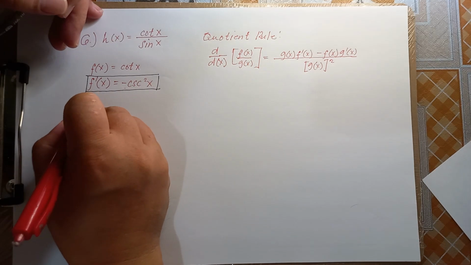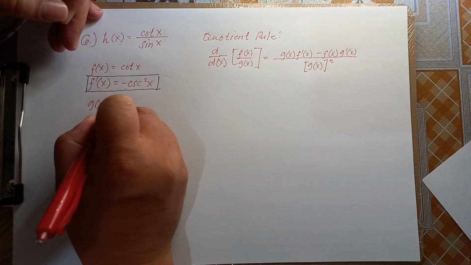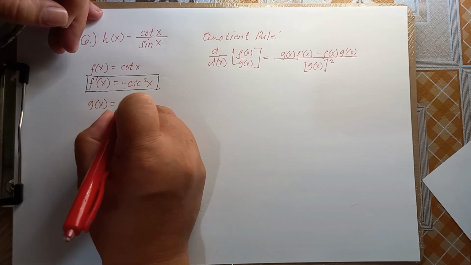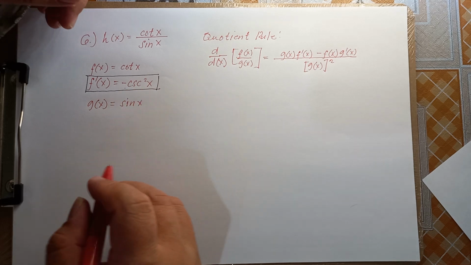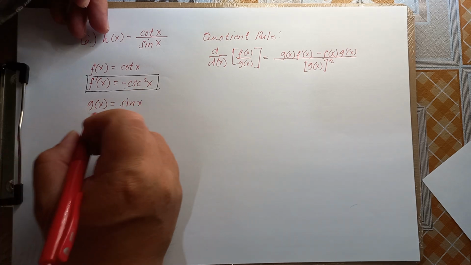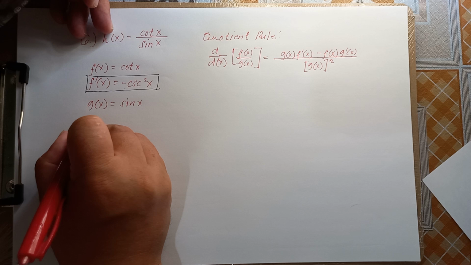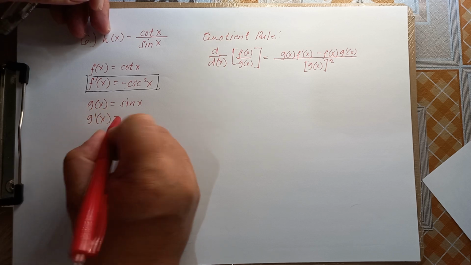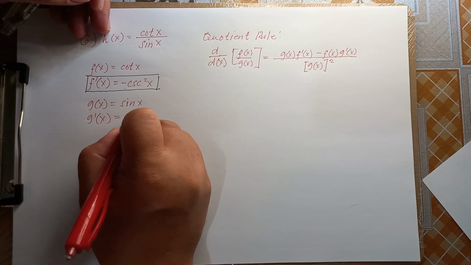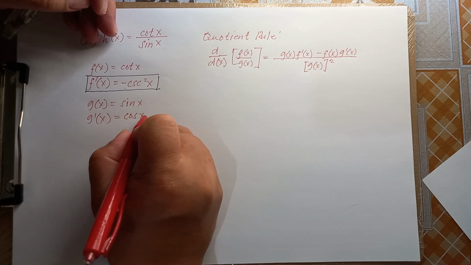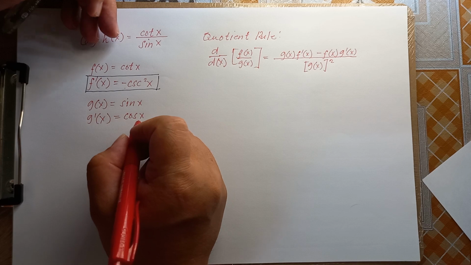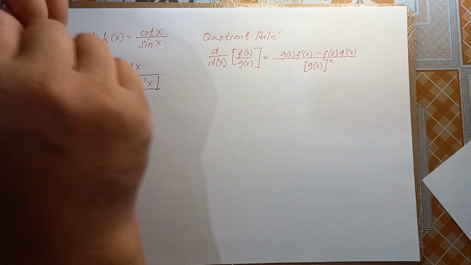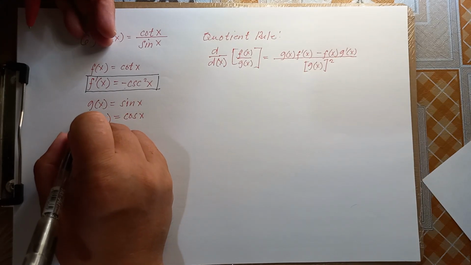Having this one, we have to get the derivative. So what is the derivative of g of x? That is g prime of x is equal to cosine x multiplied by the derivative of x, which is 1, still cosine x.